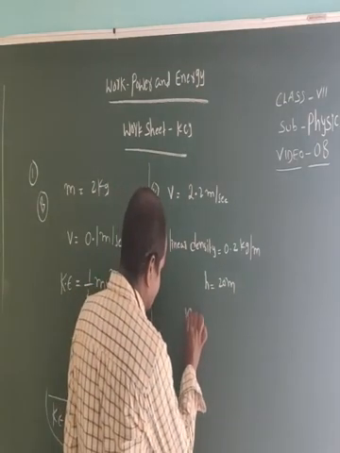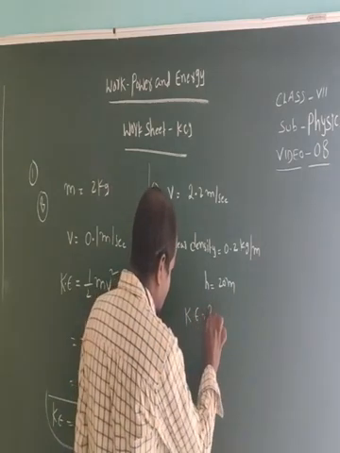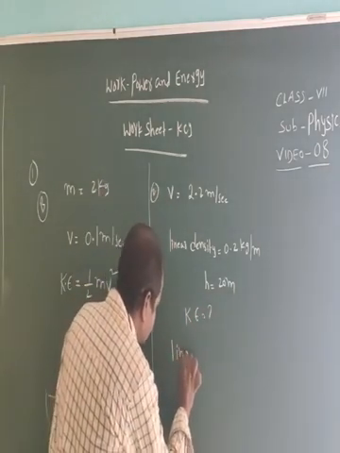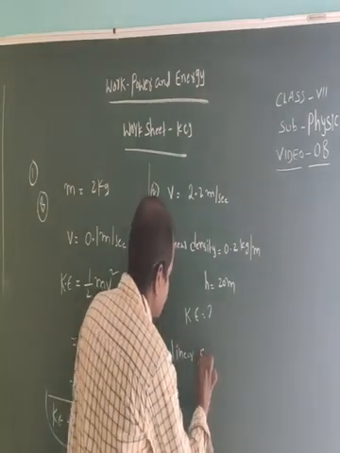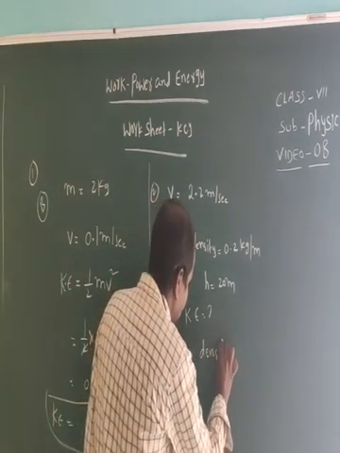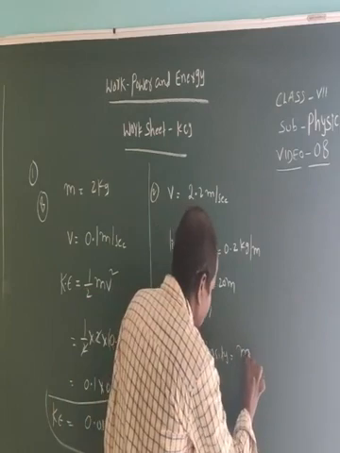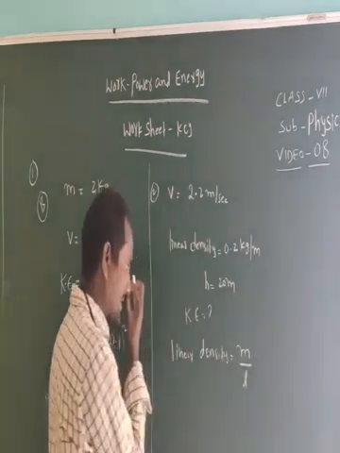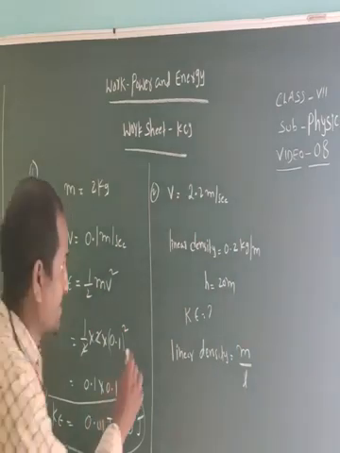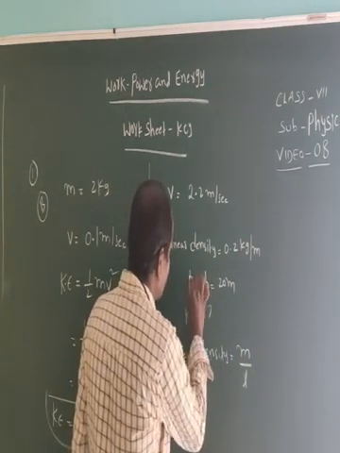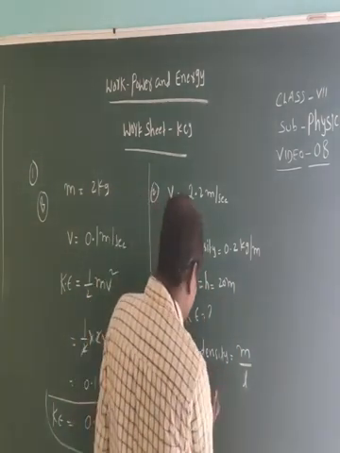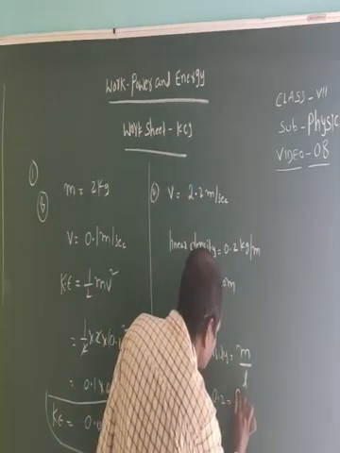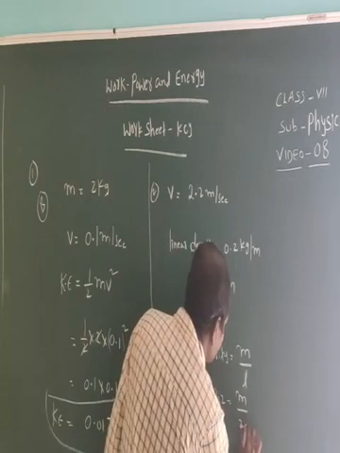Here kinetic energy is nothing but work done. So linear density is equal to mass by height or length. Mass by length, where h equal to 20 meters. So 0.2 is equal to m by 20.